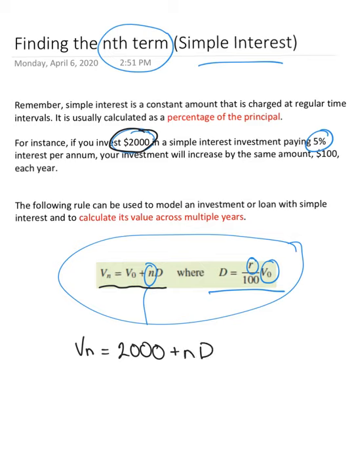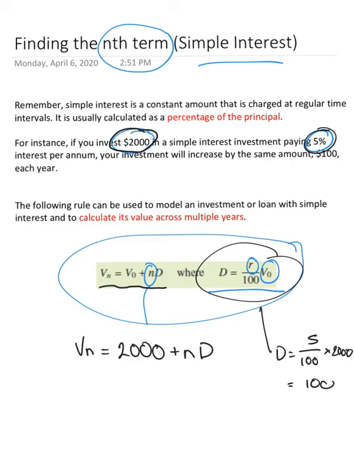If we want to figure out D, we use D equals the rate, which was 5%, over 100, times V0, which is 2,000. Put this in our calculator, we find that D is going to equal 100. So Vn, or our next term, is going to equal 2,000 plus N times 100.